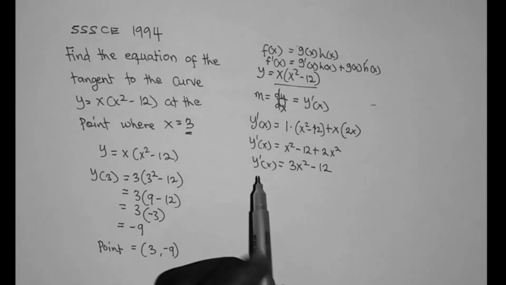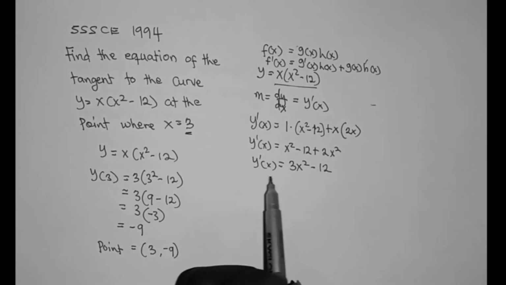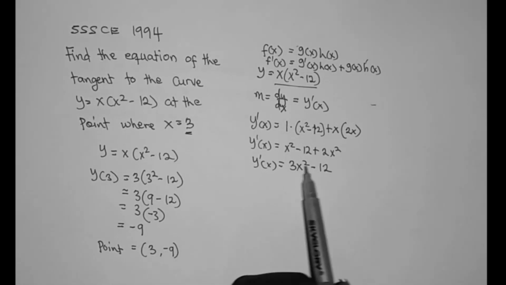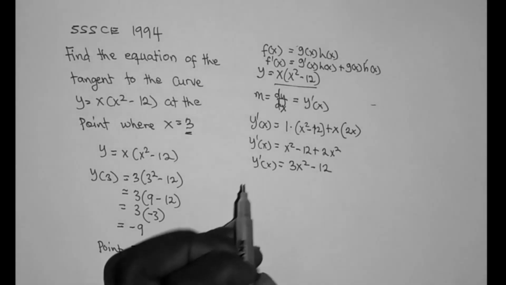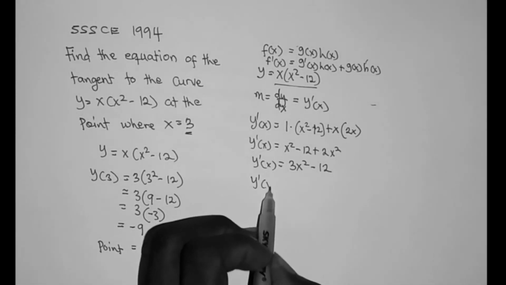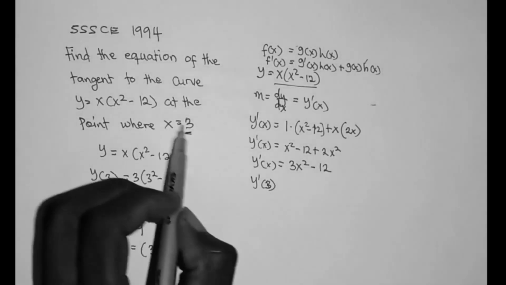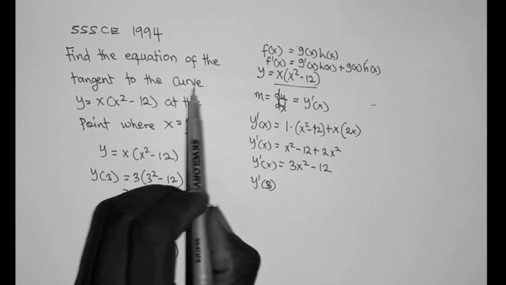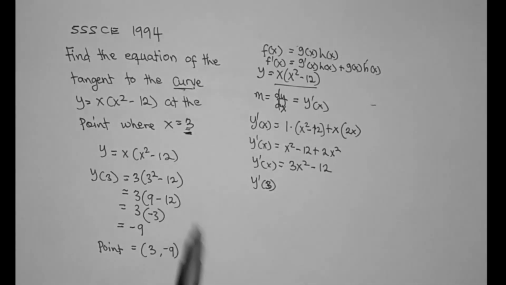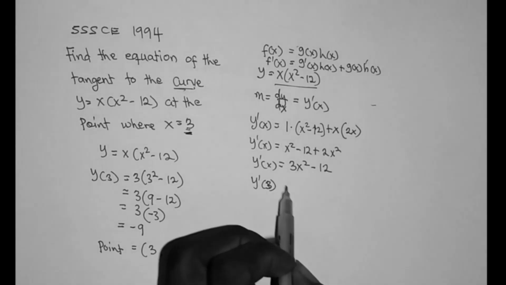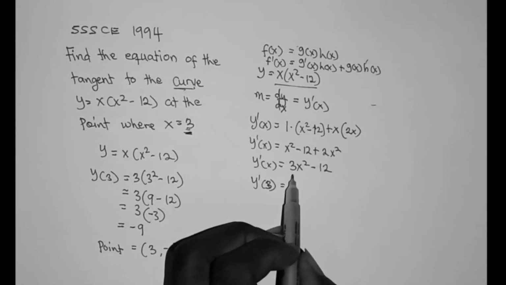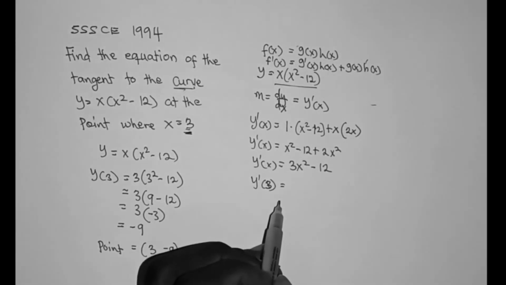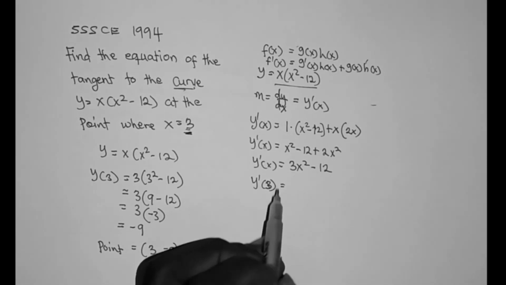Having found y prime, which is the gradient, we need to find its value by finding y prime of 3, because from the question, the tangent touches the curve at x equals 3. So what is y prime of 3? Wherever you see x, you insert 3 into the equation.